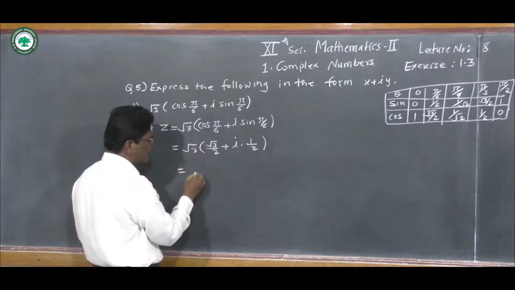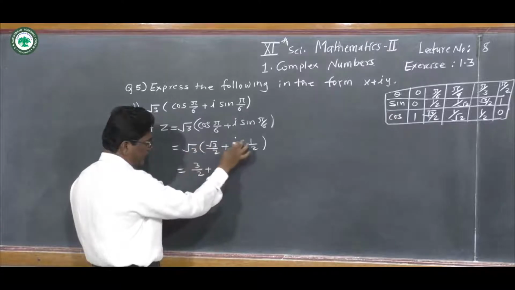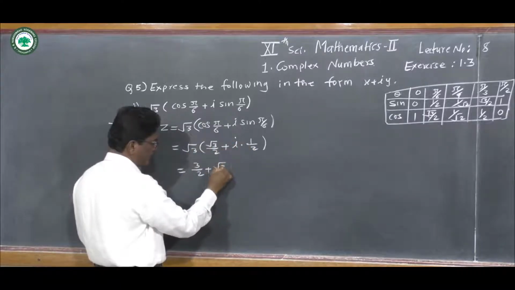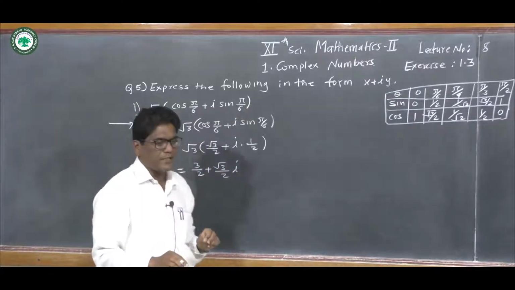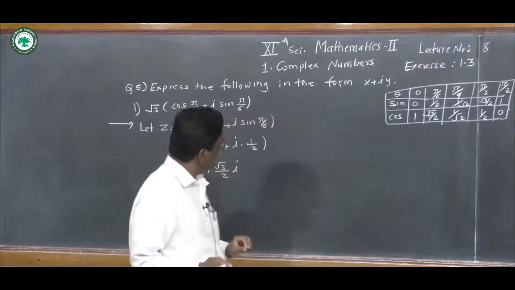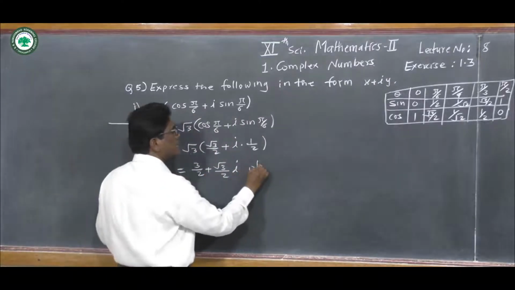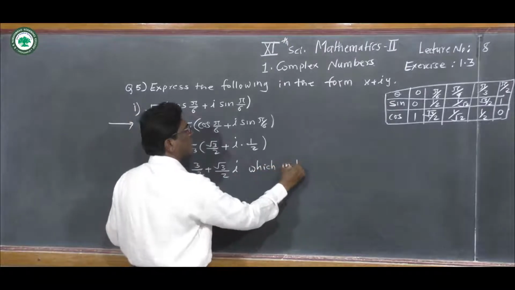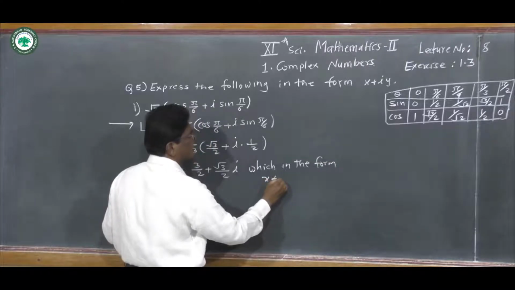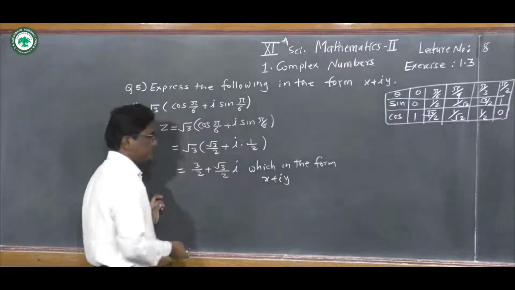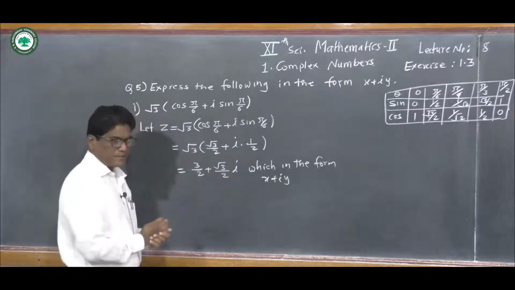So root 3 into root 3 is 3, divided by 2, plus root 3 into 1, that is root 3, divided by 2, into i. So the solution is 3 by 2 plus root 3 by 2 into i, which is in the form x plus iy or x plus yi. We may write i on either side. So we have completed this first problem.